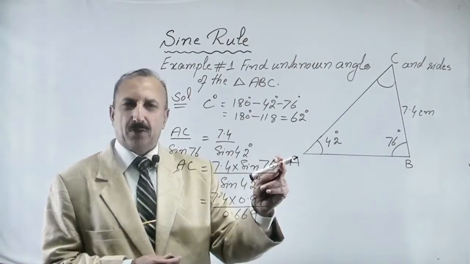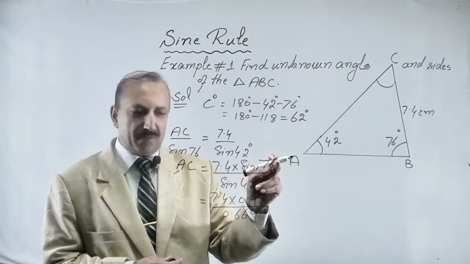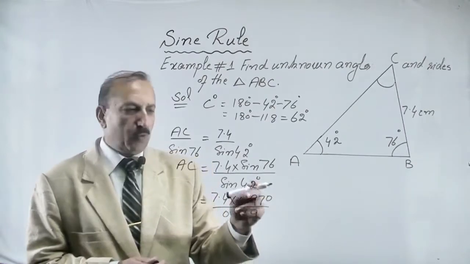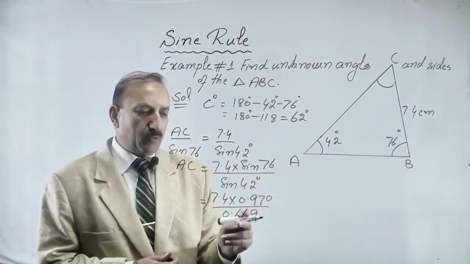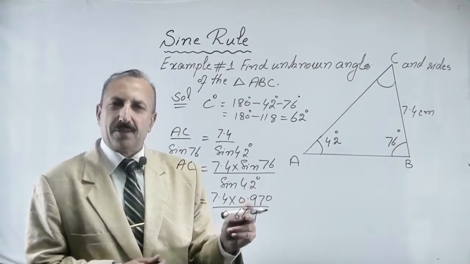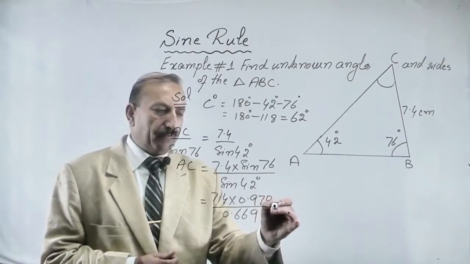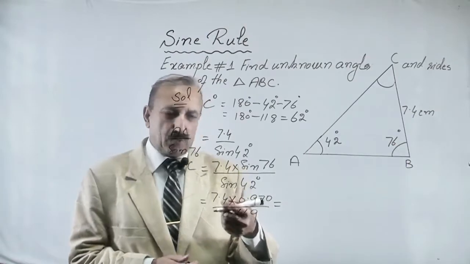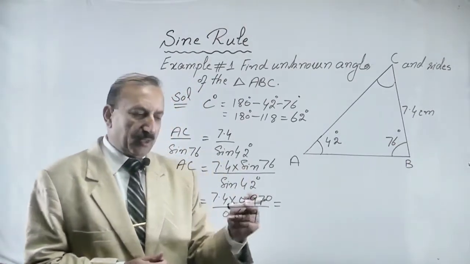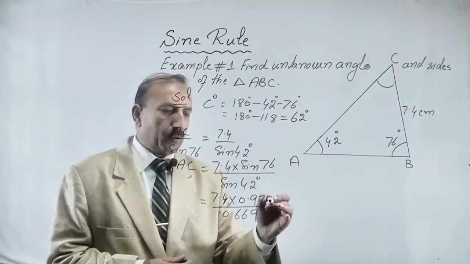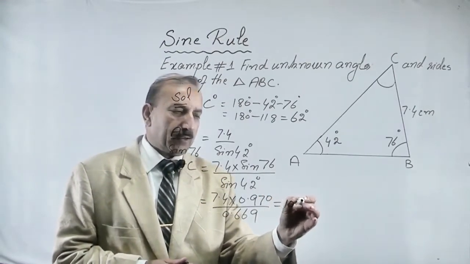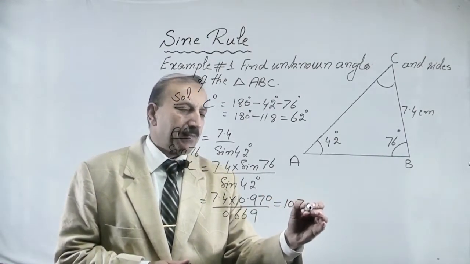With the help of calculator, we picked the value of sine of 76, this is 0.970, and sine of 42, this is 0.669. When we calculate this expression with the calculator, we will get the value of AC equal to 10.7 centimeters.